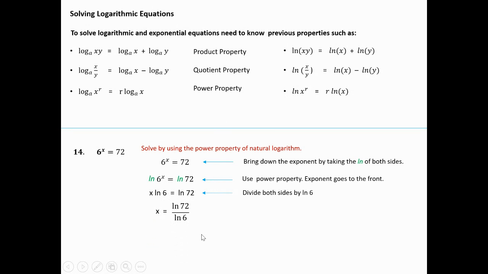Now you can put this in the calculator, and your answer will be approximately 2.386852807. But most of the time they want you to round off, I believe, to 4 places. If it's 4 places, you go all the way to the 5th place: 1, 2, 3, 4, 5.